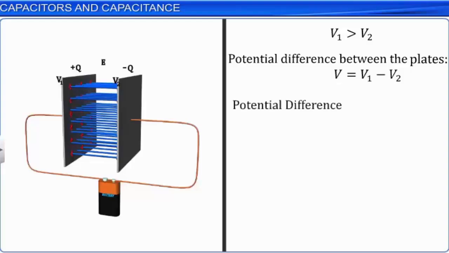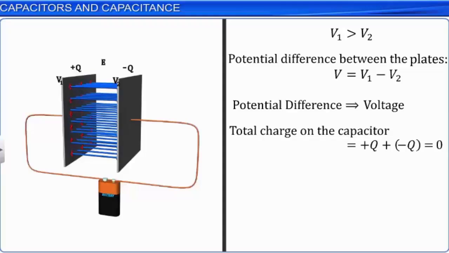We see that the total charge on the capacitor is plus Q plus minus Q equal to 0, as the conductors have charges of equal and opposite magnitude.